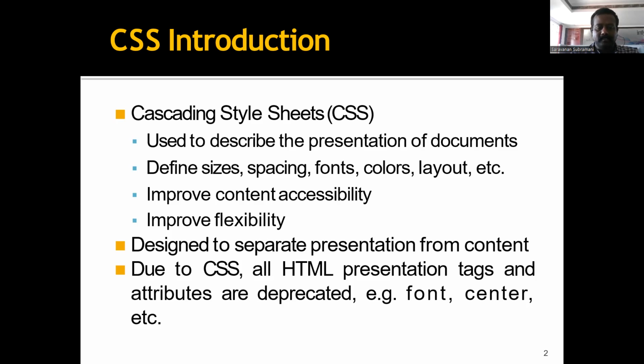Due to CSS, all HTML presentation tags and attributes are deprecated from HTML. They had to drop some of the tags like the font tag, center tag, etc., and they had to add some new settings in the CSS.